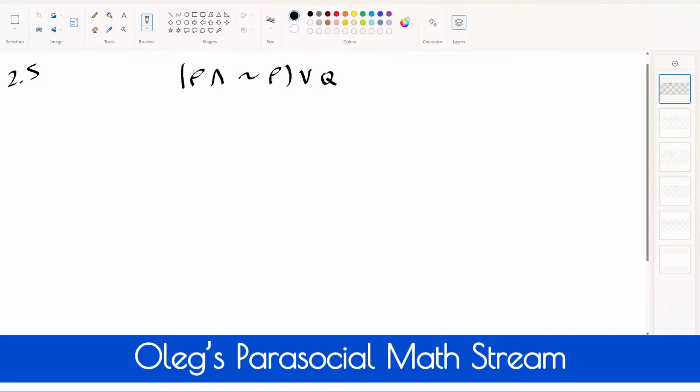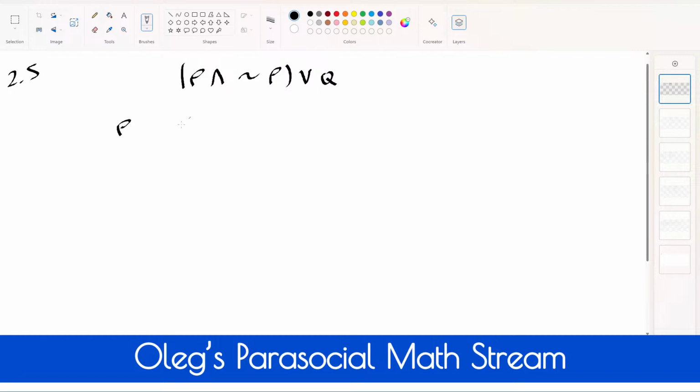So we're going to need P, we're going to need Q, we're going to need not P, and we're going to need P and not P, and then we're going to need P and not P or Q. We're going to need all of those. So that's like 6, I think I said. Let's do that. Let's write them out.